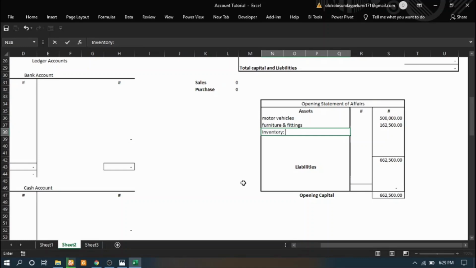The inventory is of two types. We have goods and consumables. This should be our inventory. Alright, so we have trade receivable. We also have insurance prepaid.